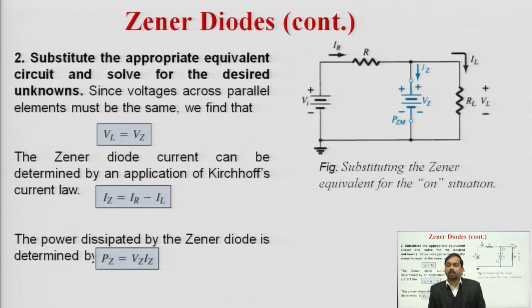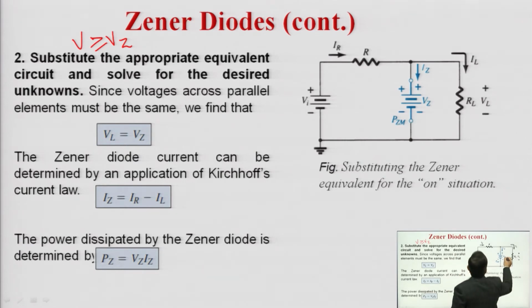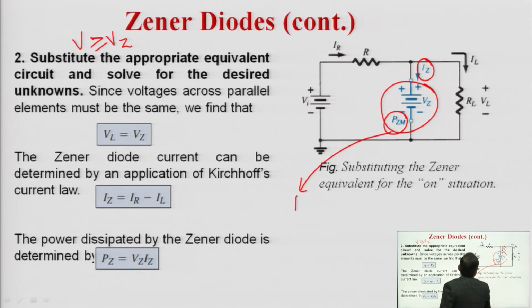So, once we have checked that the open circuit voltage V is greater than or equal to Vz, that means we can substitute this diode by its equivalent, which is a battery of Vz, where Iz is the amount of current flowing into the Zener diode, and PZM, capital M, is called the maximum power dissipation by a Zener diode.